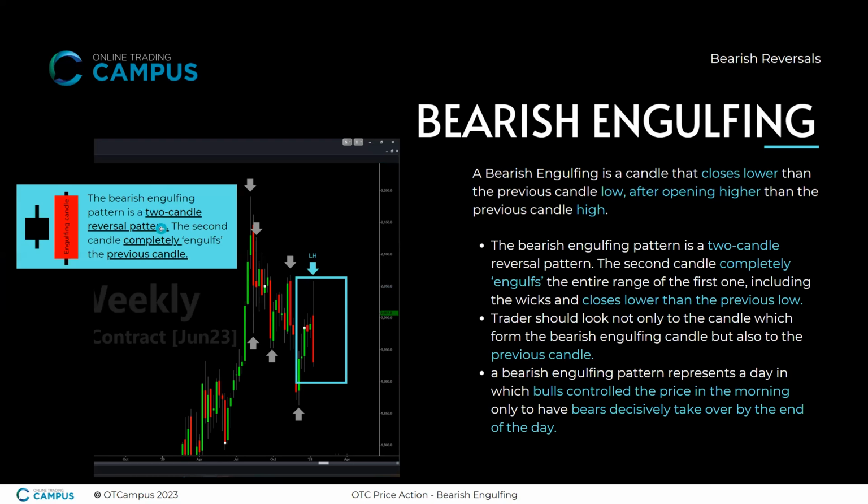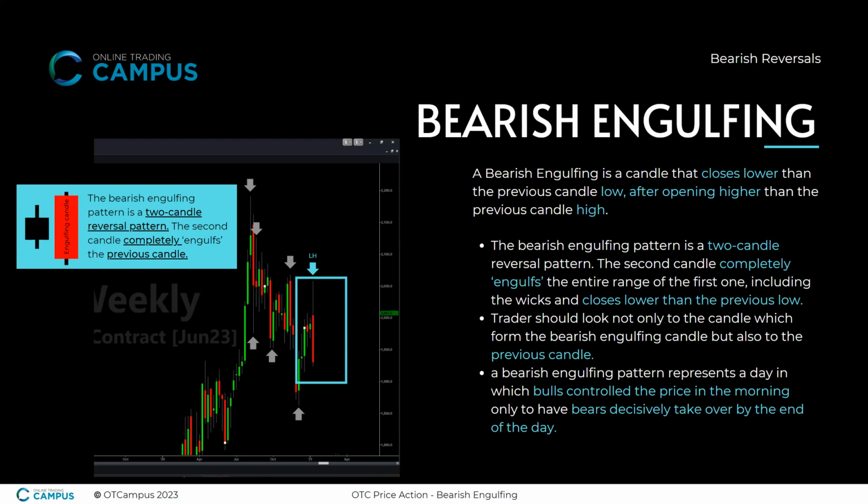The bearish engulfing pattern is a 2-candle reversal pattern. 2-candle means this is the engulfing, that's a bearish engulfing, and we have to check also the previous candle, always 2. The second candle completely engulfs the previous candle. That means this candle here has to completely engulf with the high and the low our previous candle.